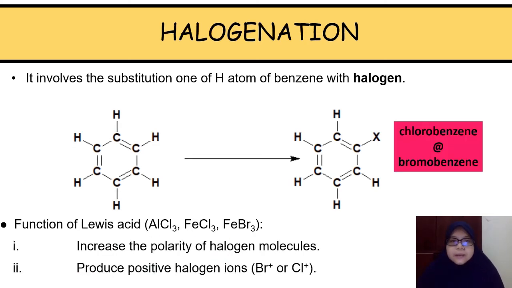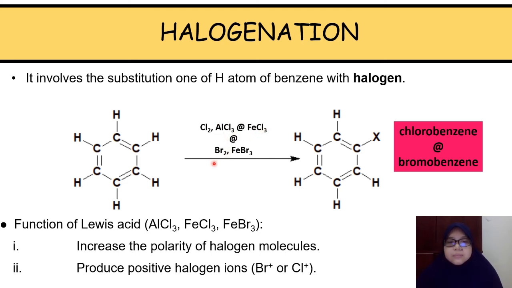And then for the second reaction, which is halogenation, our hydrogen atom is replaced by a halogen to become chlorobenzene or bromobenzene. The reagent used here is chlorine. If you use chlorine, you will need aluminium chloride or iron chloride as a Lewis acid, or you need bromine.